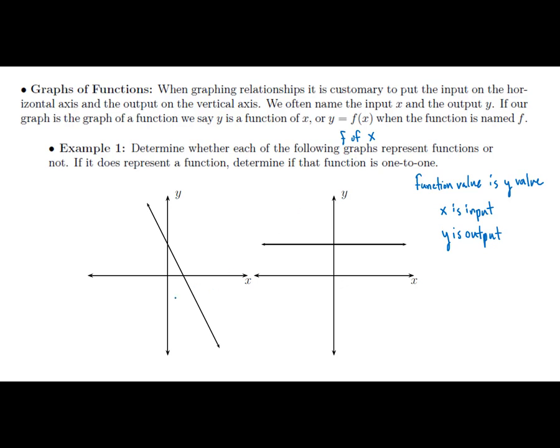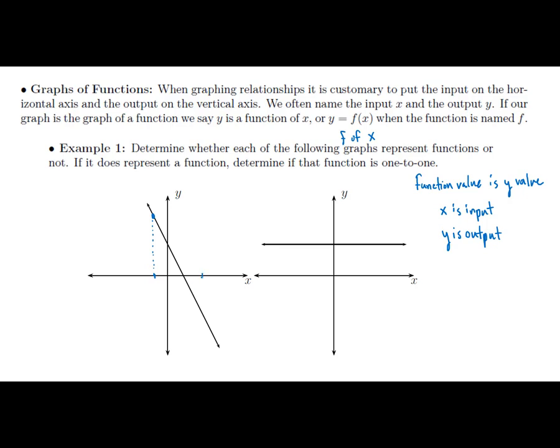All right, so let's look at this first graph here. Okay, first of all, is this a function? So we know that each input can only go with one output, or using this new language over here, each x can go with only one y. So if I take this x right here, I can follow it up and see that it goes with that y value.